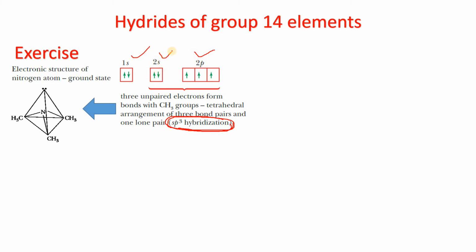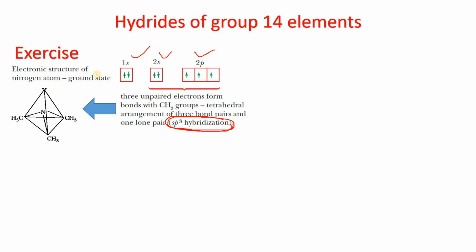We cannot promote this electron because there is no 2d. D starts from principal quantum number 3, so there is no 2d. So we cannot promote this electron, and we are always left with a pair of electrons in the valence shell of nitrogen. So in N(CH3)3, there is formation of 3 covalent bonds, so we require 3 half-filled orbitals.